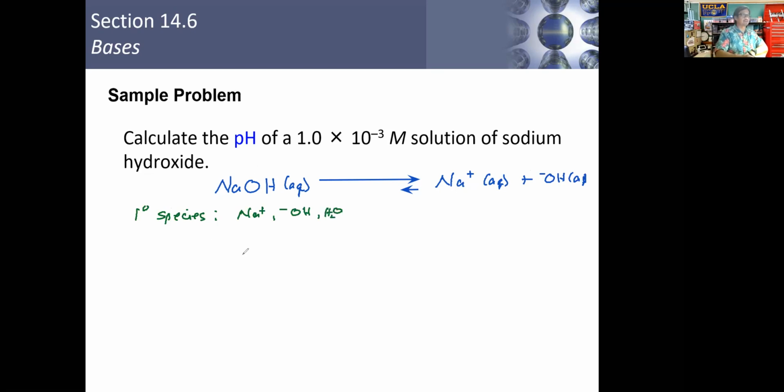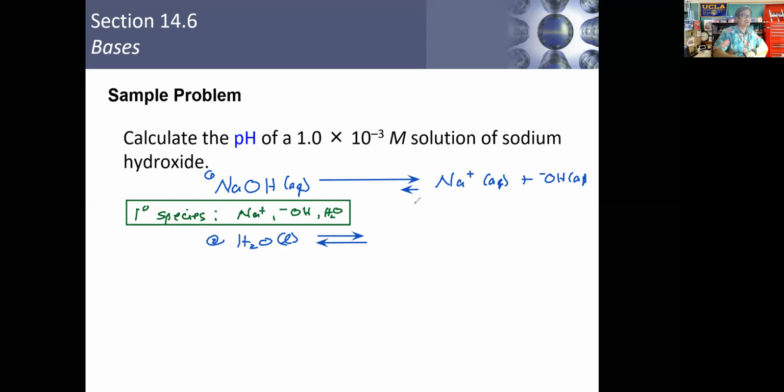If you consider what we talked about last week, there's a secondary process that occurs as well. That secondary process is the autoionization of water. So we have that happening as well, and when we take a look at this equilibrium, it does contribute hydroxide ions.